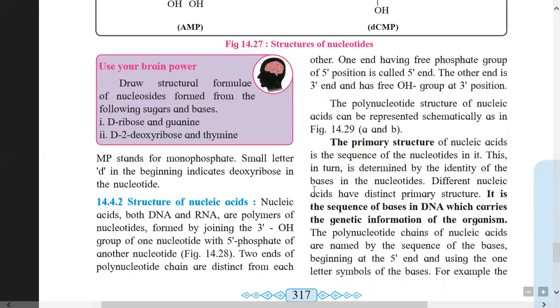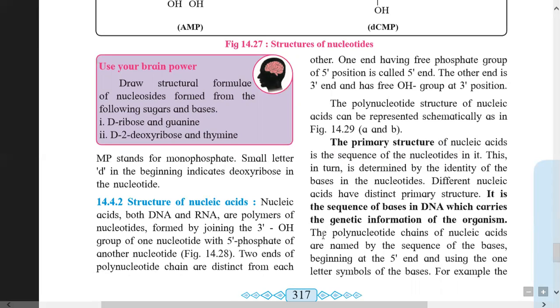Different nucleic acids have distinct primary structures. It is the sequence of bases in DNA which carries the genetic information of the organism. This is the main function of DNA.